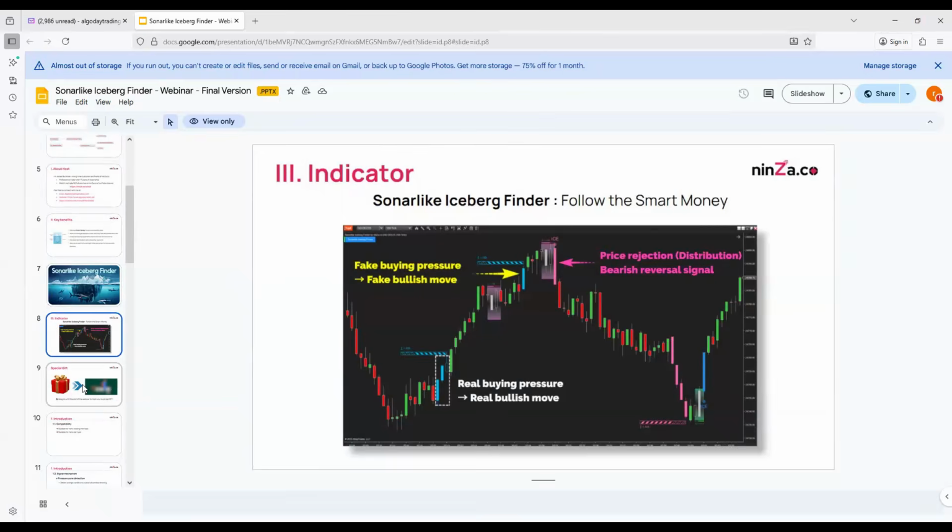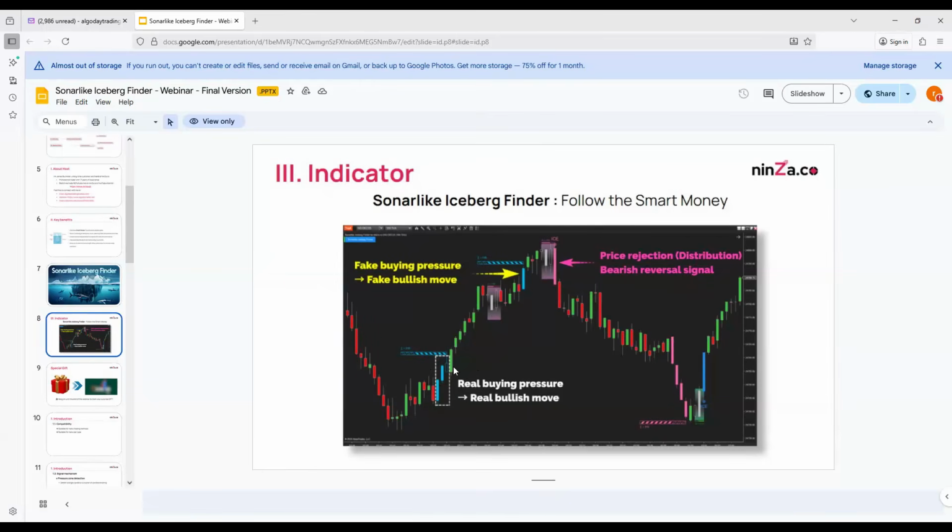What it does is identify pressure zones. What are pressure zones? These are areas where a lot of buying or selling took place. Again, institutional activity. We don't move the markets, they move the markets. So it identifies areas of institutional buying, in this example.